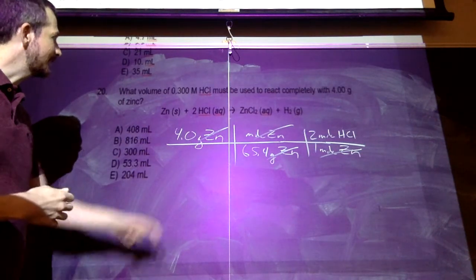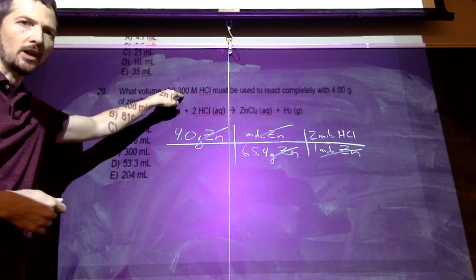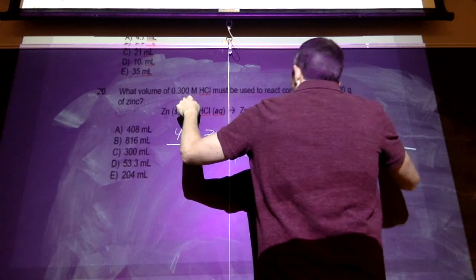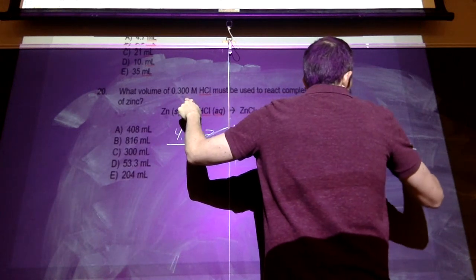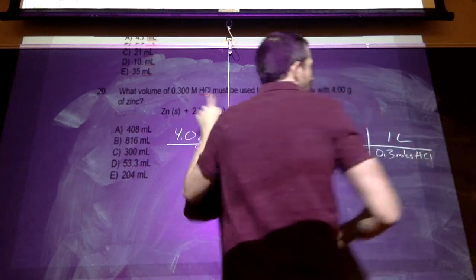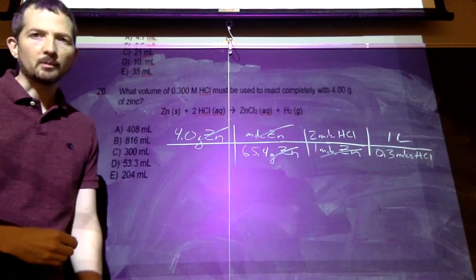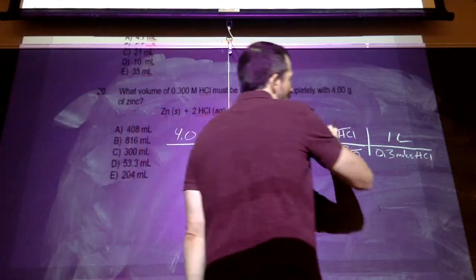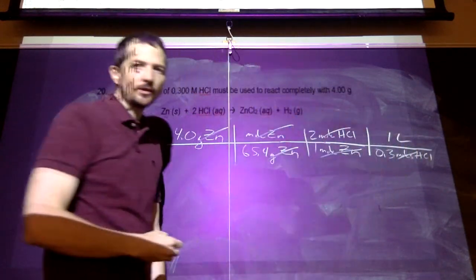Now I know moles of HCl, I don't know what volume of this concentration, so this is moles per liter. Use that as a conversion factor. Now put the moles on bottom, since it's moles per liter, so it'll cancel out, and I'll be left with my answer in liters of that solution.